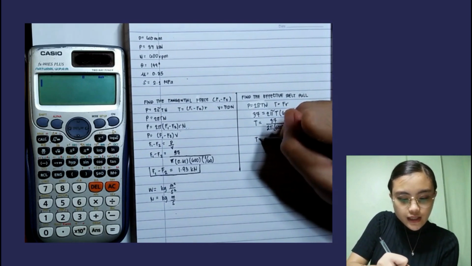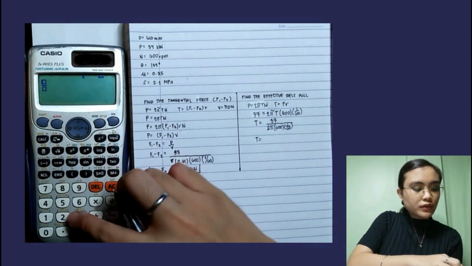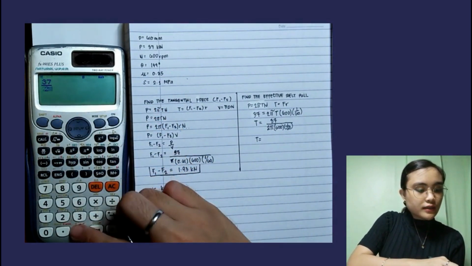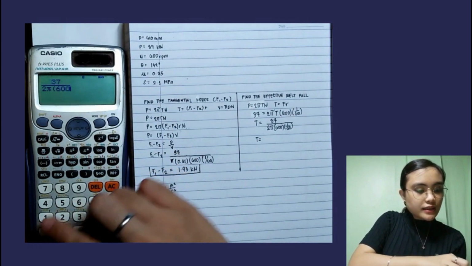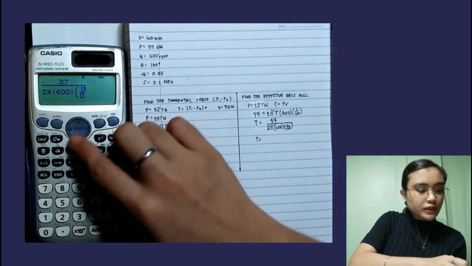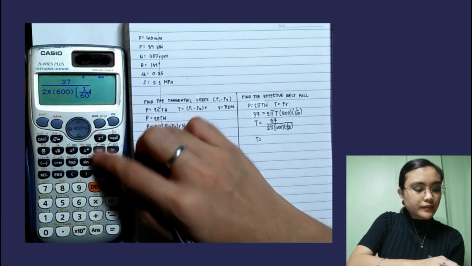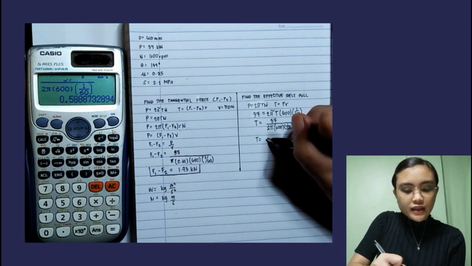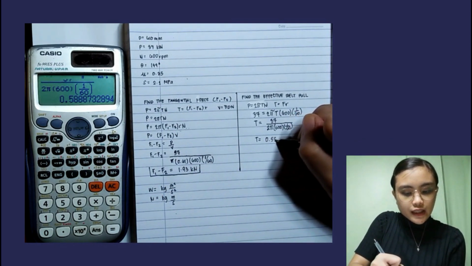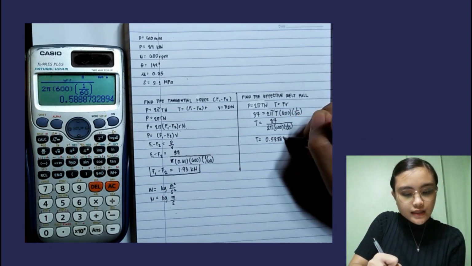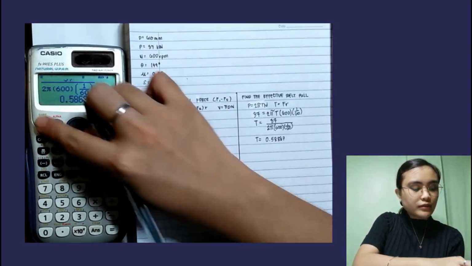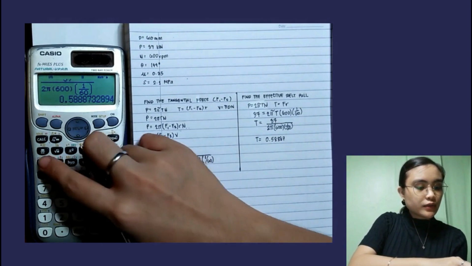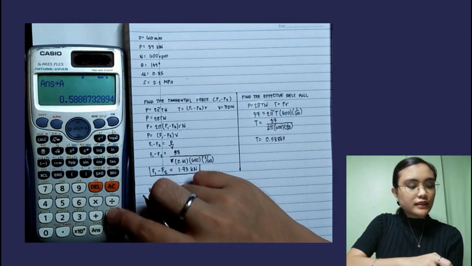So T is equal to 37 divided by 2 pi times 600 times 1 over 60. So we can get 0.58887. We will store it for a more accurate value. Shift, store to A. So like that.